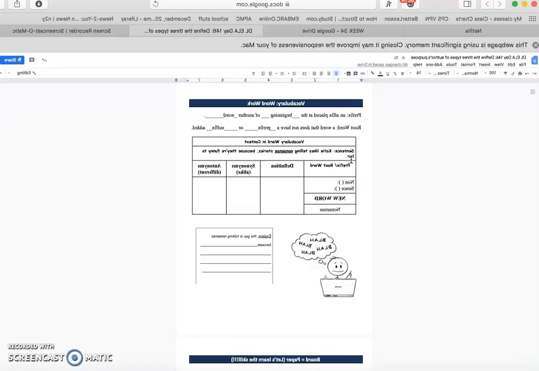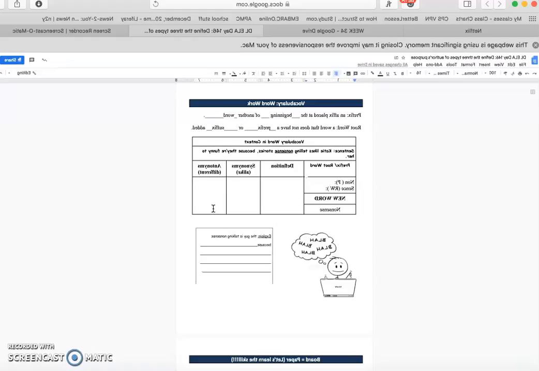Now let's go into the vocabulary word in context. Now, we have non as a prefix. So we're going to put a P there, and then we have sense as a root word. Now, when we mix those two together, we create a new word, and it's nonsense.